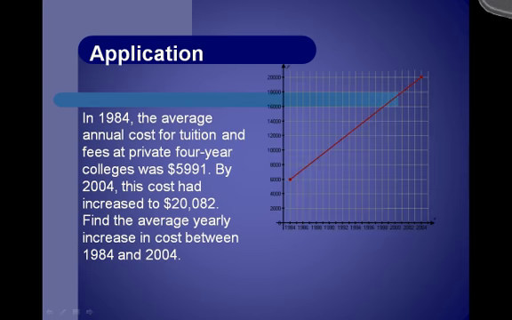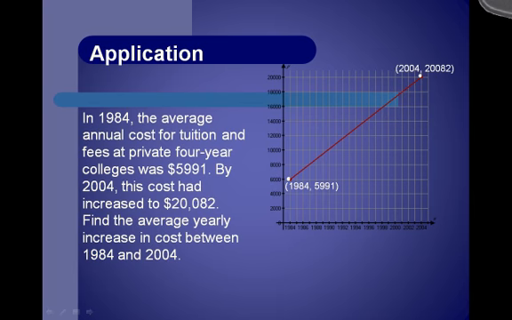If we looked at a graph of these 2 points, the first point is the 1984, $5,991 point. The second point is the 2004, $20,082 point. The line passing through those 2 points represents the increase of the tuition and fees.